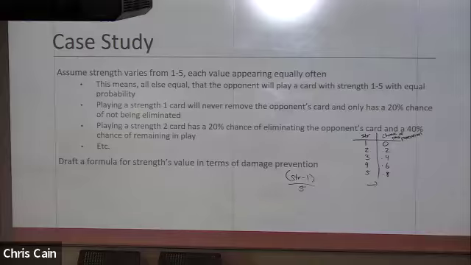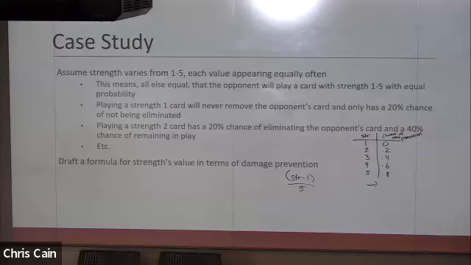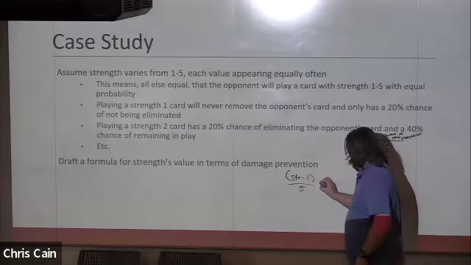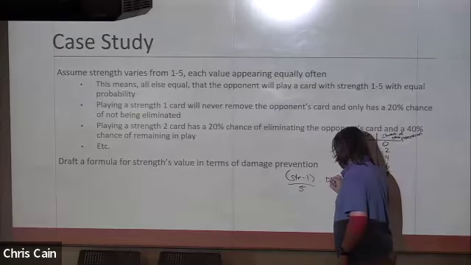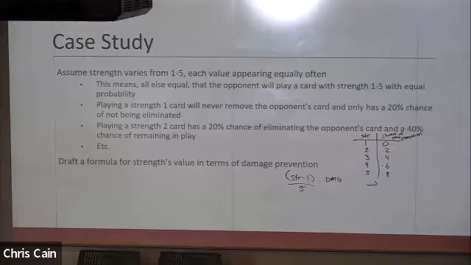Then we just need to know how much damage we are preventing, and there's no way to know that based on the card. So we're just going to multiply this by the opponent's damage. Yeah, that'll do it.